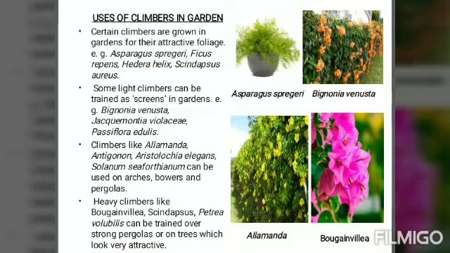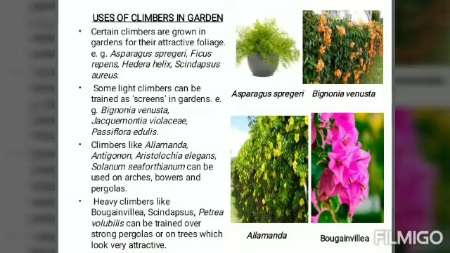Okay, I hope you have seen this bougainvillea near the gates, where they make it in a round shape and let it spread, right? So heavy climbers like bougainvillea can be trained over strong pergolas or on trees. You can make it grow on trees, which looks very attractive.